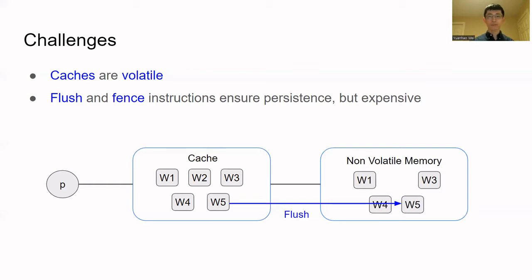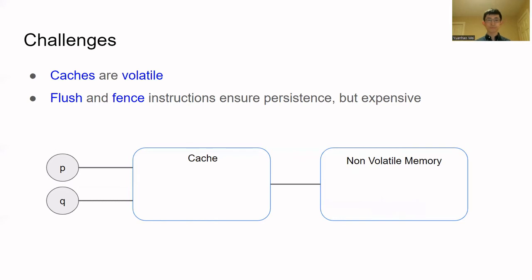So one way we can fix the problem described earlier is by putting a flush and a fence after every store operation. This ensures that the values reach non-volatile memory in the same order that they reach cache, so non-volatile memory is always consistent. However, flushes and fences are very expensive, so we want to avoid using them as much as possible. Also, more challenges show up when we move to a multi-processor environment.